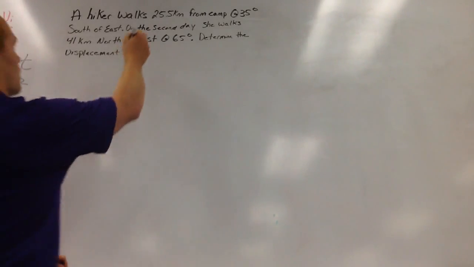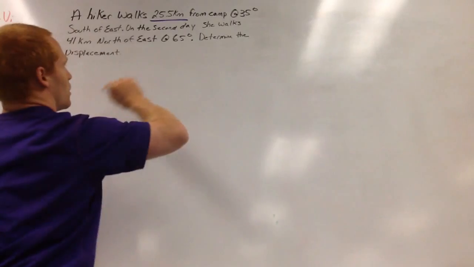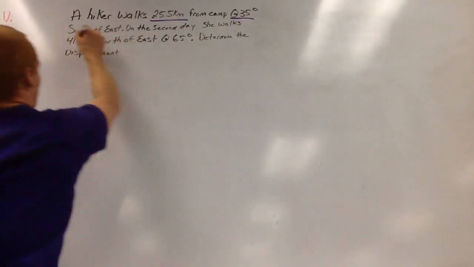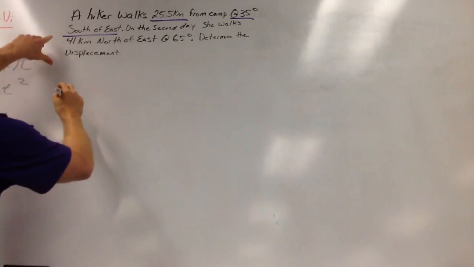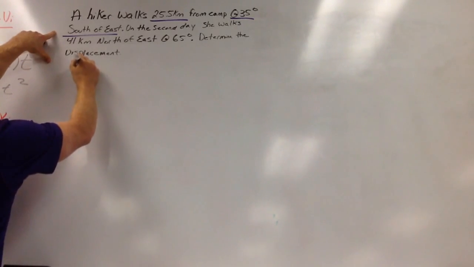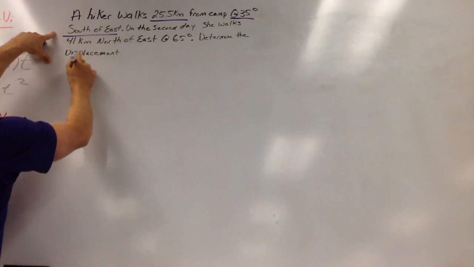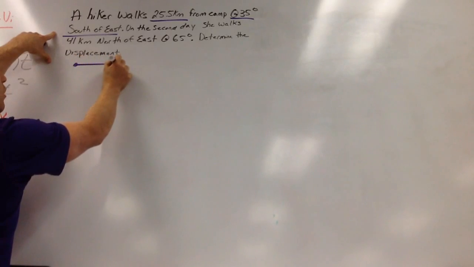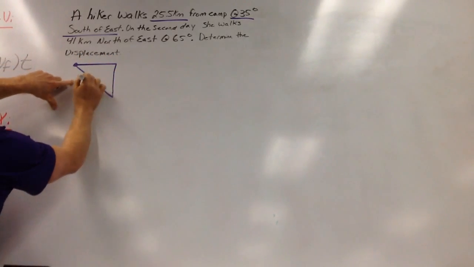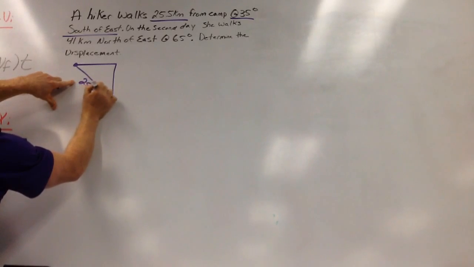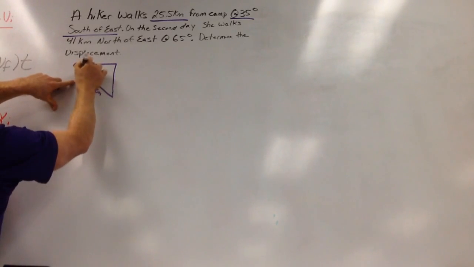So first one, they walked 25.5 kilometers from camp, 35 degrees south of east. To draw this, we first go the second direction. So we put a dot, go east, then we go south. So that is triangle 1, 25.5 kilometers, at 35 degrees.